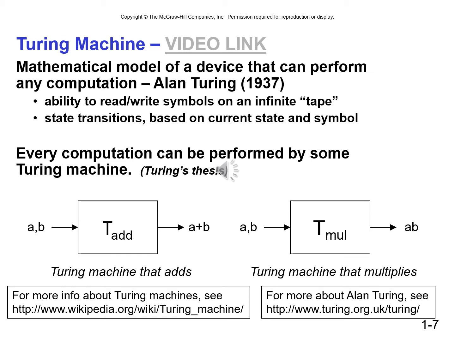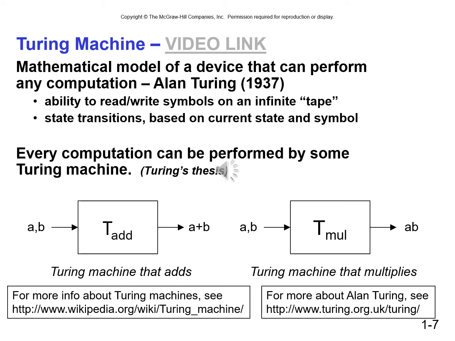And this machine, as theorized by Alan Turing, who is a mathematician, has the ability to read and write symbols on an infinite tape and state transitions based on current state and symbol. And every computation can be performed by some Turing machine. That was Turing's thesis.